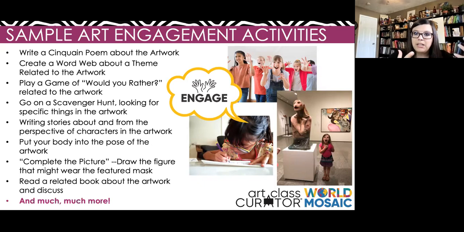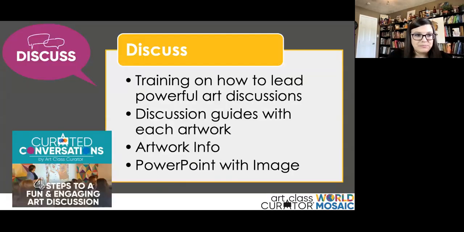They put their body in the pose of the artwork and stand and discuss what it feels like. There's complete the picture. And there are even books that you can read to your students about the artworks or somehow related to the artworks, and many, many more. Like I said, there are 42 lessons and each one has multiple activities.